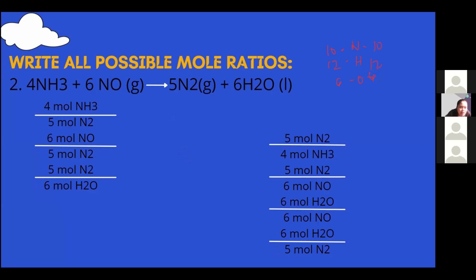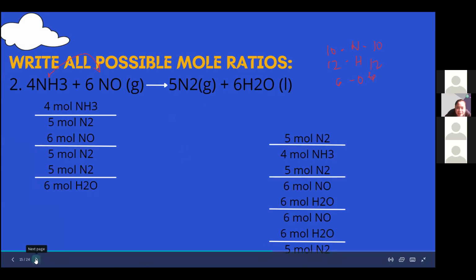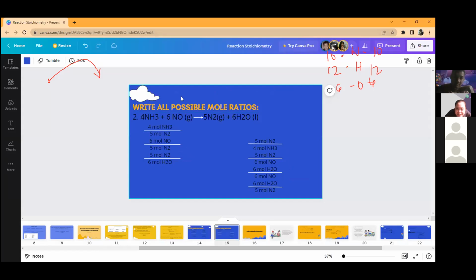So first, let's start with ammonia. Ammonia to NO. So that's 4 is to 6. Let's look for it. Asa na siya makitaan? Ammonia and NO. Wala? Hindi nyo nasulat? Or hindi ko lang nakita? Na-remove ko po, ma'am.